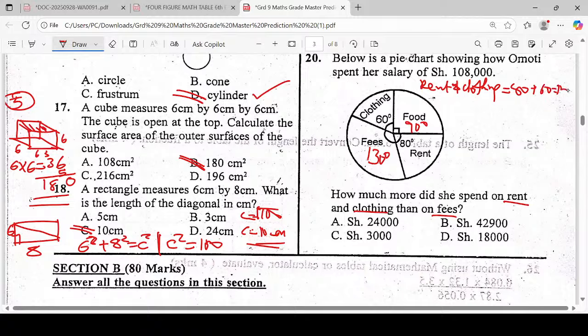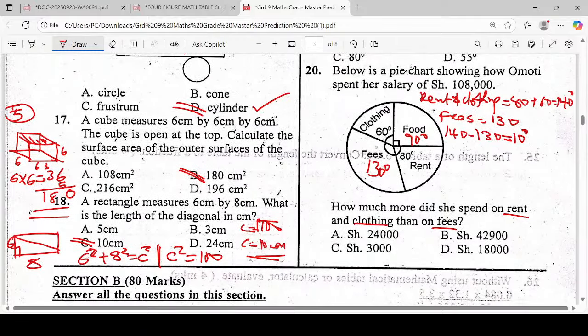So the total angle here is 140 degrees for rent and clothing. But for fees, the angle here is 130 degrees. So how much more is here? 140 minus 130. So this is like saying 10 degrees. So that is the difference, even in the amount.